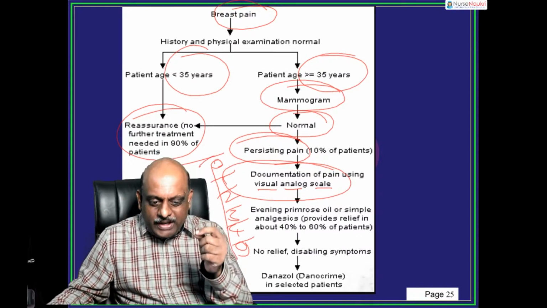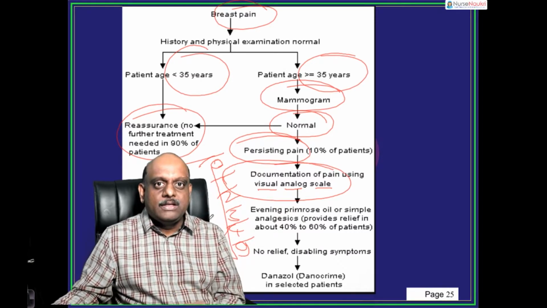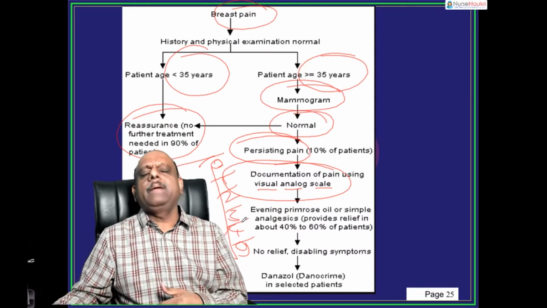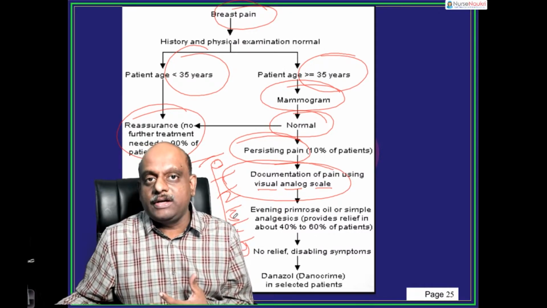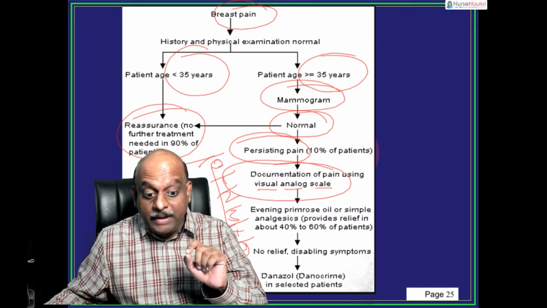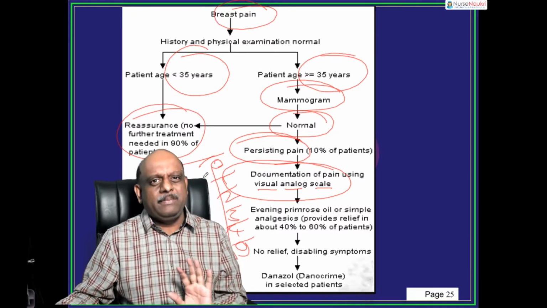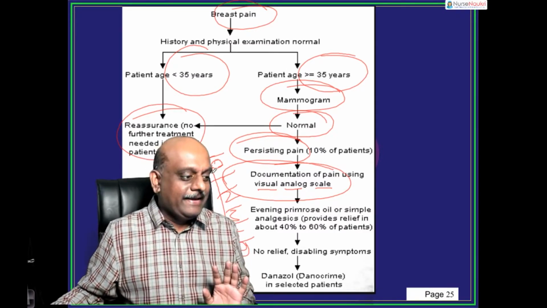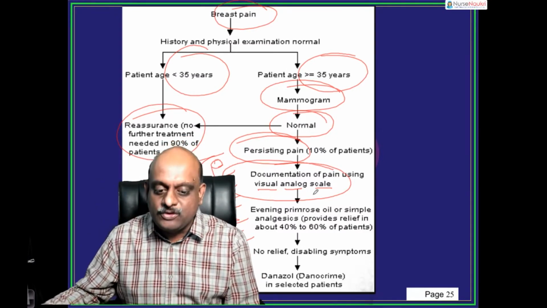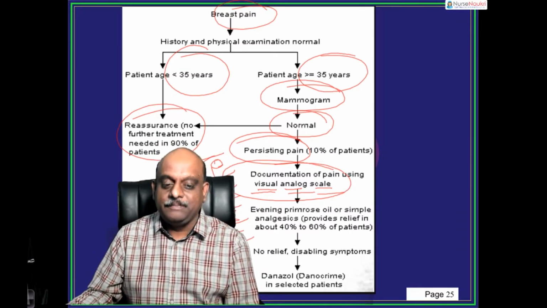In the 0 to 9, what is the level of your pain? Suppose if the patient says, oh, my pain is about 8 level, doctor, then the pain is more severe. No, if it is only 4, not even 8 or 12, then that is called milder pain. इसको बोलते हैं visual analog scale.